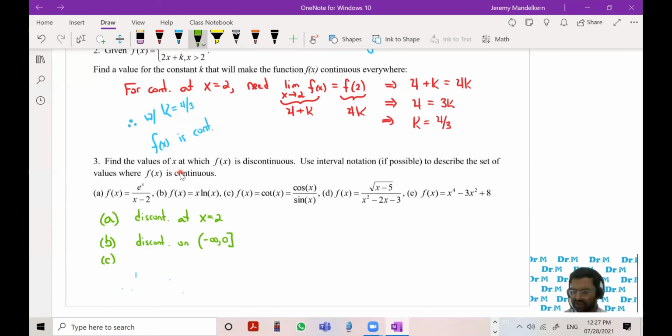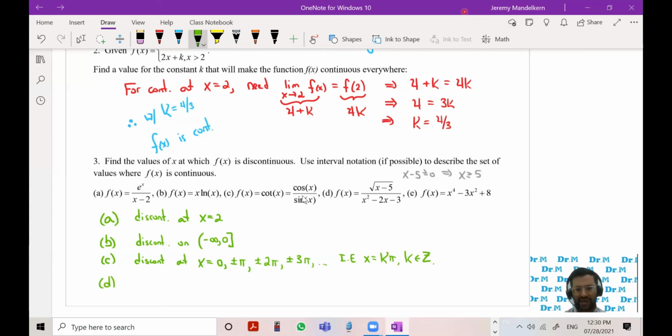The sine function is going to be 0 when x is equal to 0, plus or minus pi, plus or minus 2 pi, plus or minus 3 pi, etc. So we can say that this function is discontinuous at x is equal to plus or minus 3 pi, and the pattern has been established. You could use here a shorthand, i.e. x is equal to k pi, where k belongs to the set of integers.